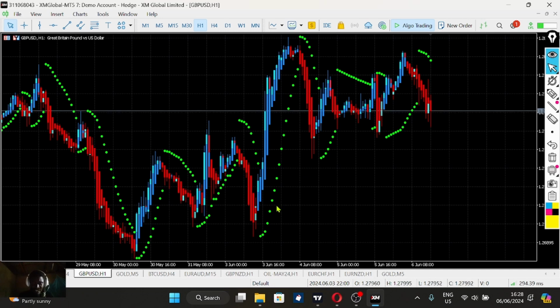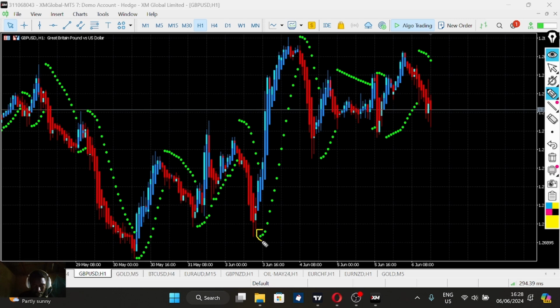To identify that this is an uptrend or an entry point, the parabolic SAR dot should be below the market. Like here, the parabolic should be below the market, and the Heiken Ashi candles should be blue.